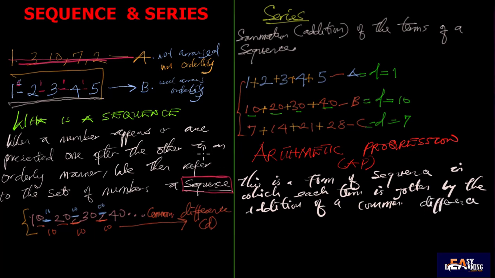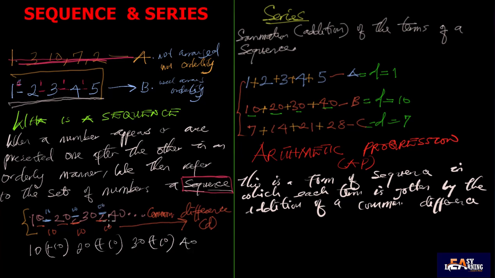So like what we just did, having the common difference of 10. If you add 10 to this, you are going to have the next one, which is 20, and then you add 10 to it, you are going to have the next one, which is 30, and you add 10 to it, you are going to have 40.